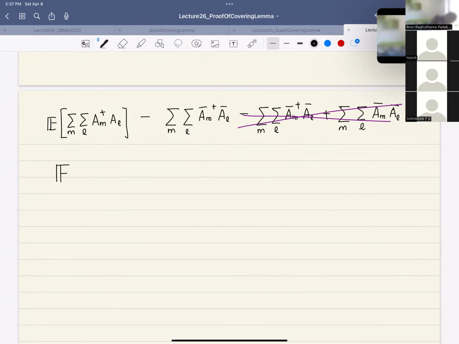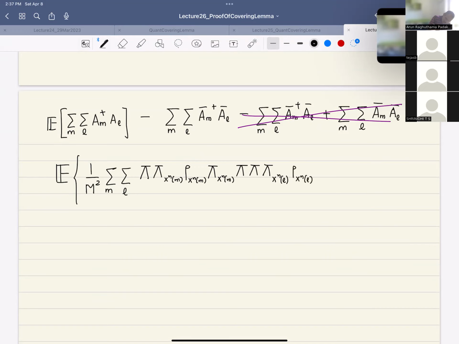Expected value of 1 by m squared, sum over m, L, of pi xn of m rho xn of m pi xn of m pi, times pi xn of L rho xn of L pi xn of L pi.